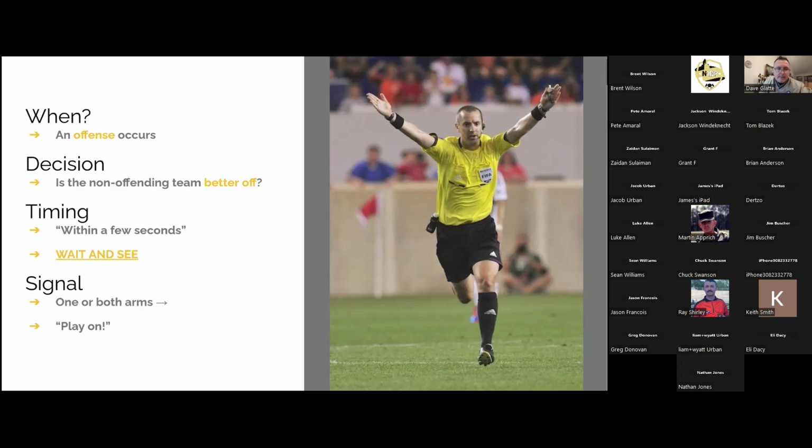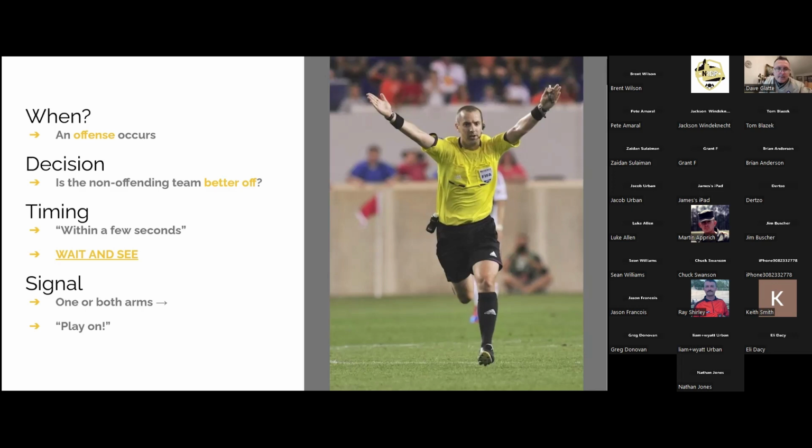If an advantage is not present, blow your whistle, bring the ball back, and restart with the direct free kick or indirect free kick. The key here, the phrase you're going to hear a lot, is wait and see. We don't want to be in a hurry as referees when thinking about whether to apply advantage or not. Give those few seconds and let things play out just a little bit.